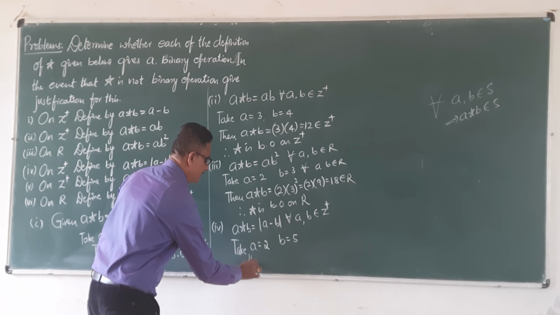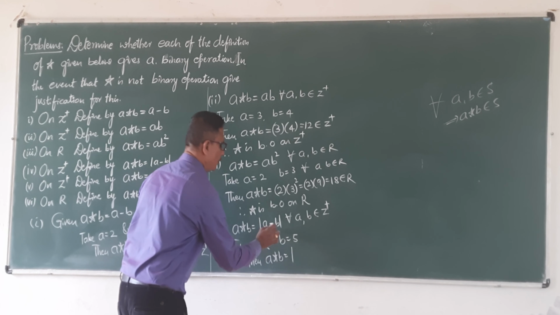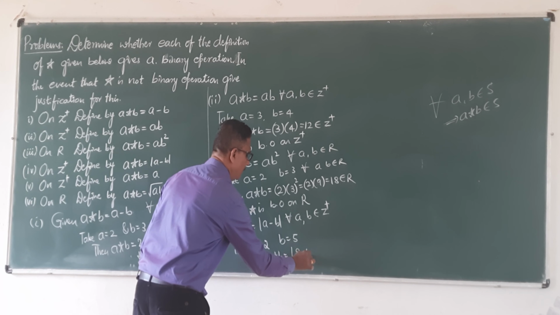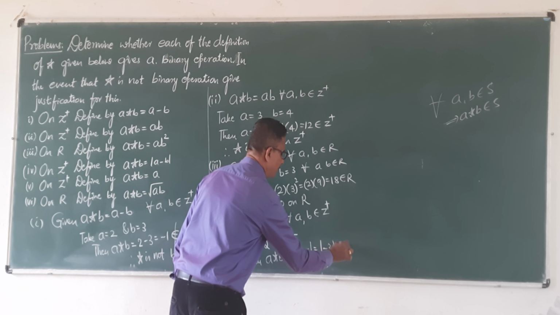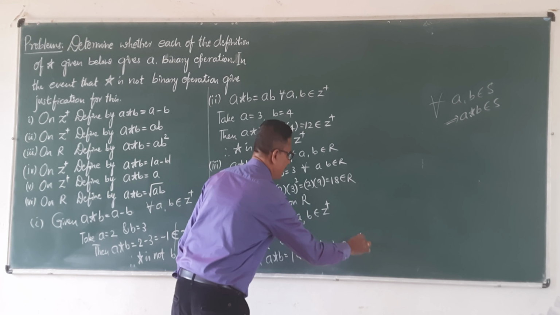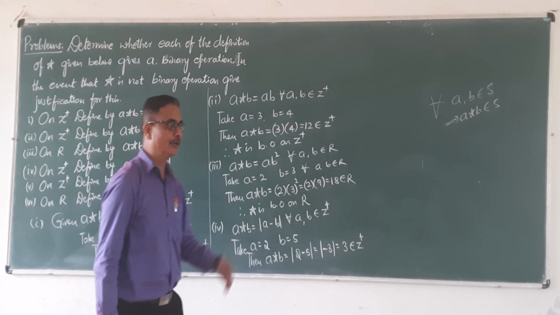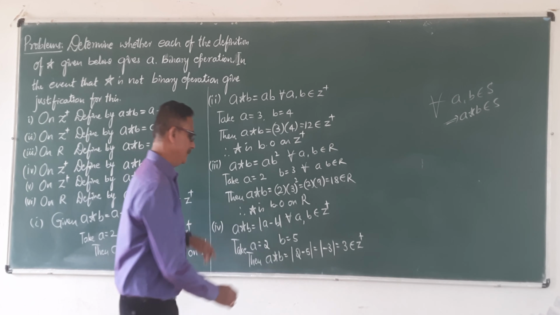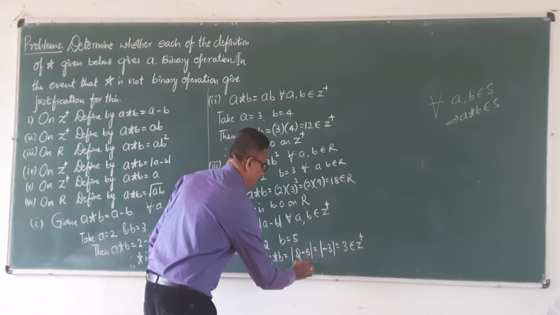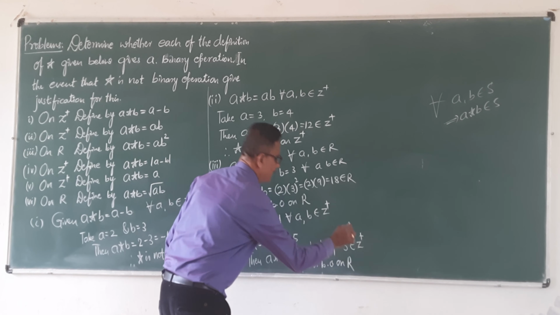Then a star b is modulus of 2 minus 5, which is modulus of minus 3, which is plus 3, belonging to positive integers. Because of the mod it is binary. If there were no mod sign, it would not be binary.